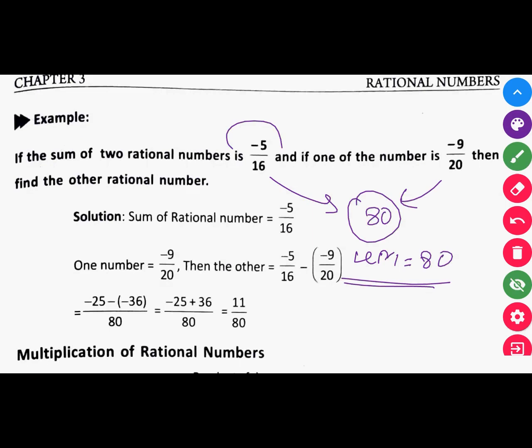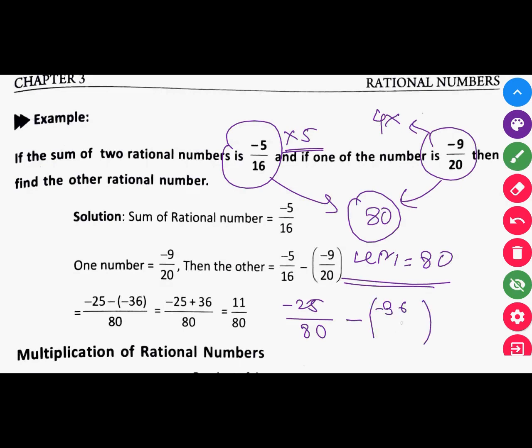Now for the first number to become 80, we have to multiply both numerator and denominator with 5, and for the second number to become 80, we have to multiply the numerator and denominator with 4, and we get our new numbers, that is minus 25 upon 80 minus 36 upon 80.